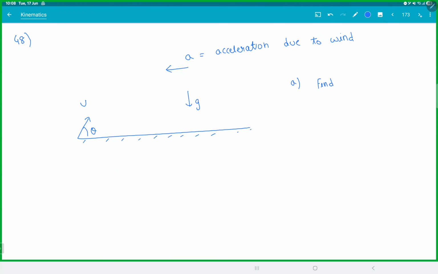Find h max. Find time of flight. Find range. Find the acceleration of the wind if the particle comes back to the point of projection. The wind is blowing so hard, it goes and comes back to the same point of projection.